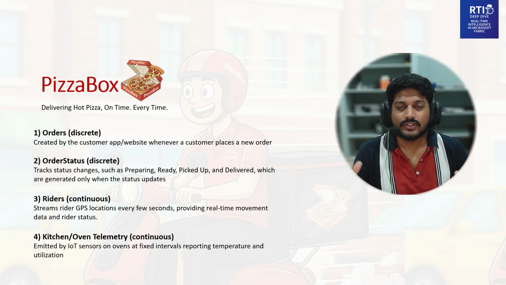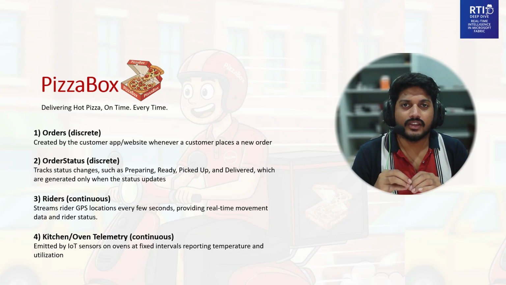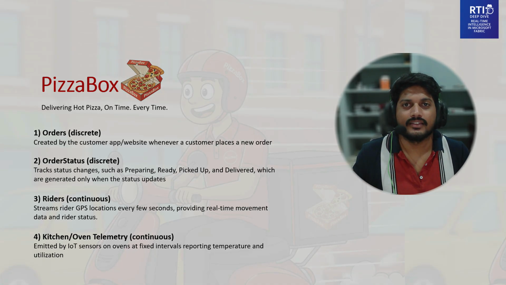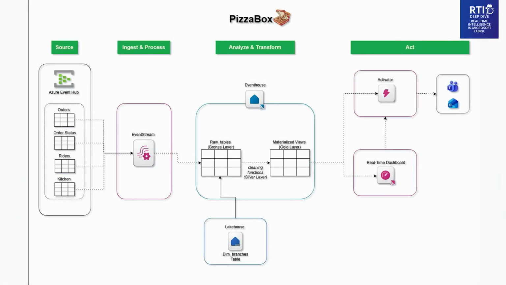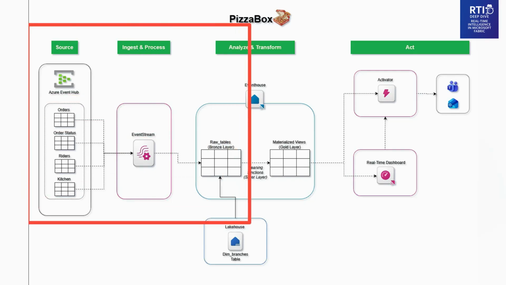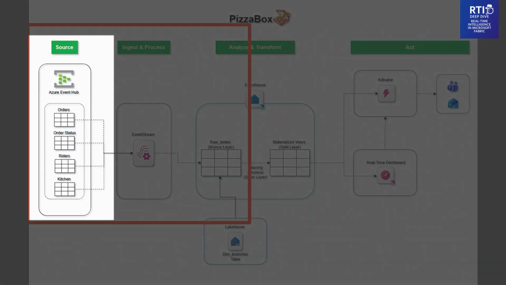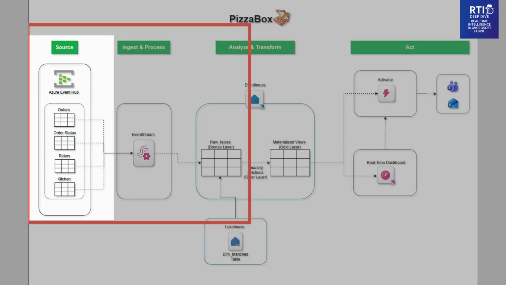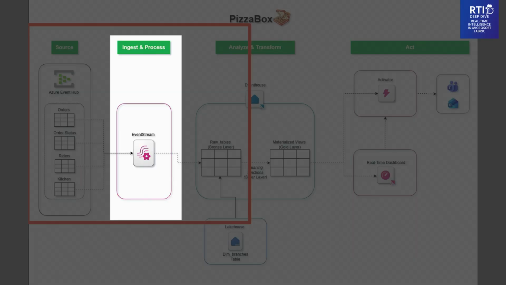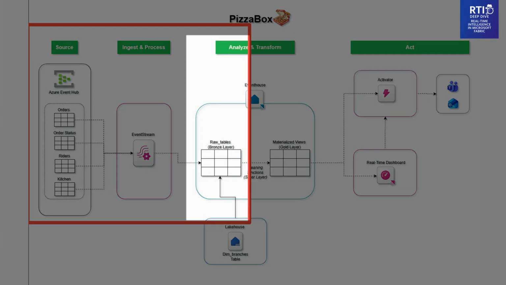To understand this project more clearly, I'm going to show you the architecture of the project. Here is our architecture for PizzaBox. Currently we are just focusing on these parts: first, getting the data from the source to the event stream, and from the event stream to the Eventhouse.